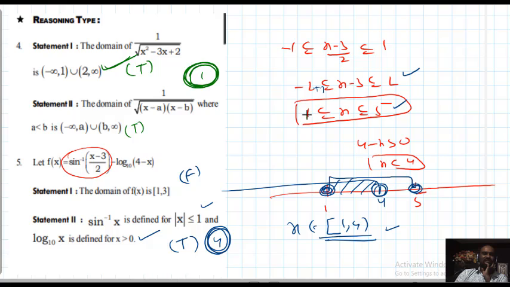This is correct. 4 minus x should be greater than 0, meaning x less than 4, correct. So what is the meaning of that? Actually, the domain of this function is closed 1 to open 4.